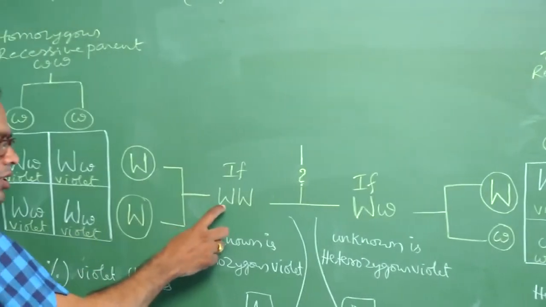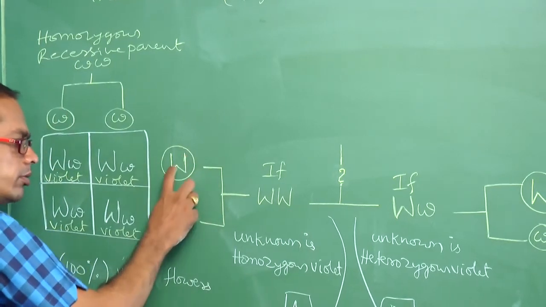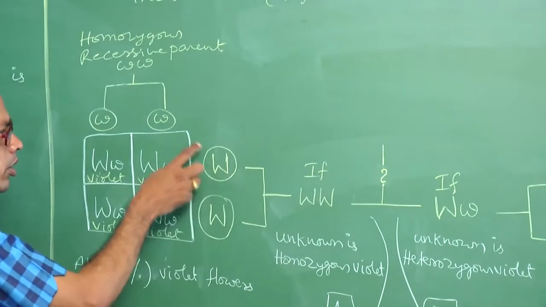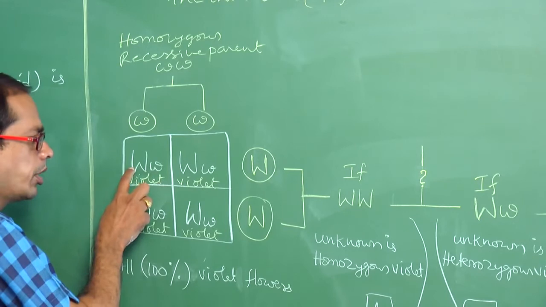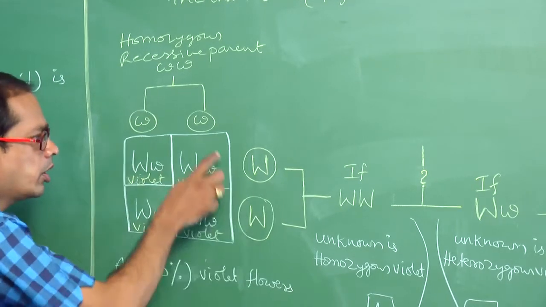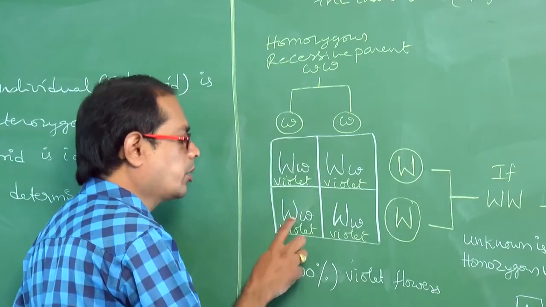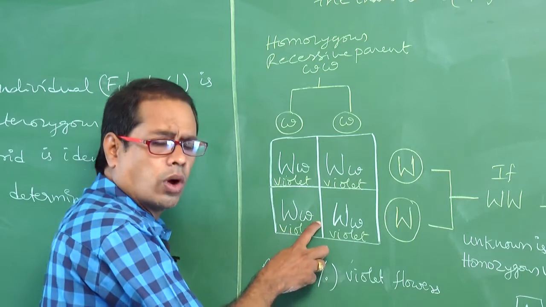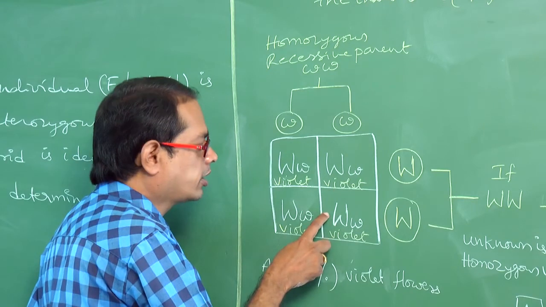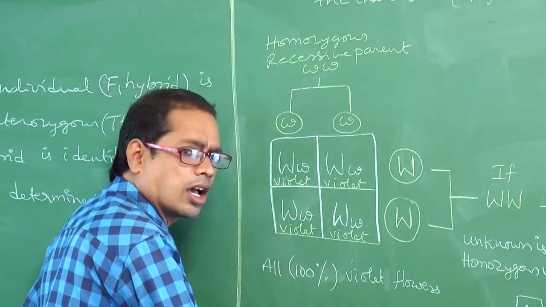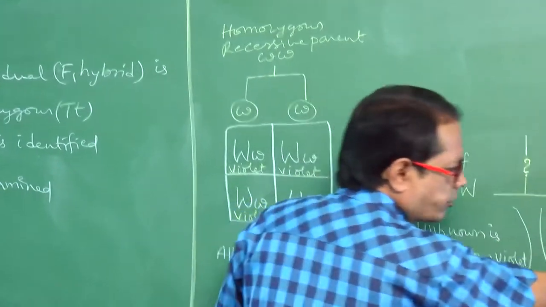Here the F1 is taken as homozygous violet, capital W, with gametes capital W, capital W. Capital W crossed with small w gives capital W, small w, every time. What are the types of flowers? Violet, violet, violet, violet. All violet flowers are obtained. So this is one cross and this is one cross.